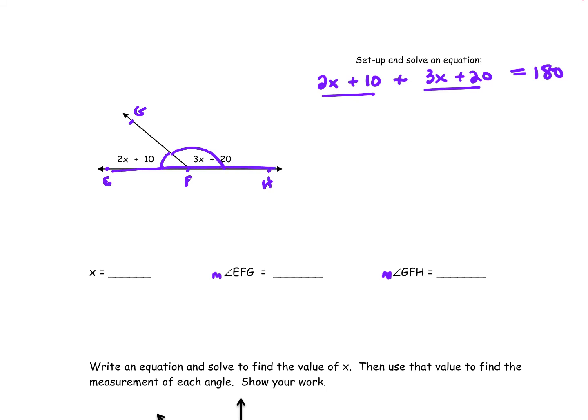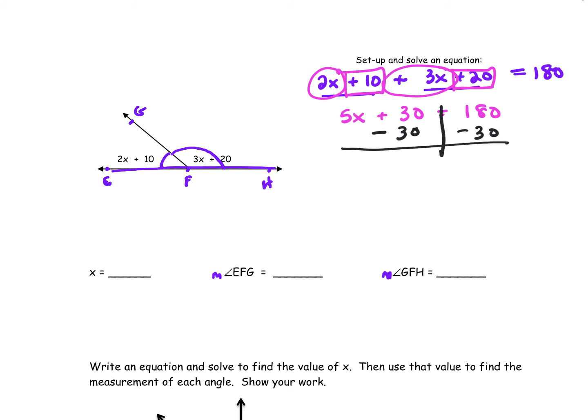Like we did last time, we're going to gather up our like terms. So 2x plus 3x equals 5x. We're going to gather up our constants. We have positive 10 plus 20, so that's going to equal 30. And together that equals 180. We're going to solve by eliminating the constant first, the number that's added or subtracted.